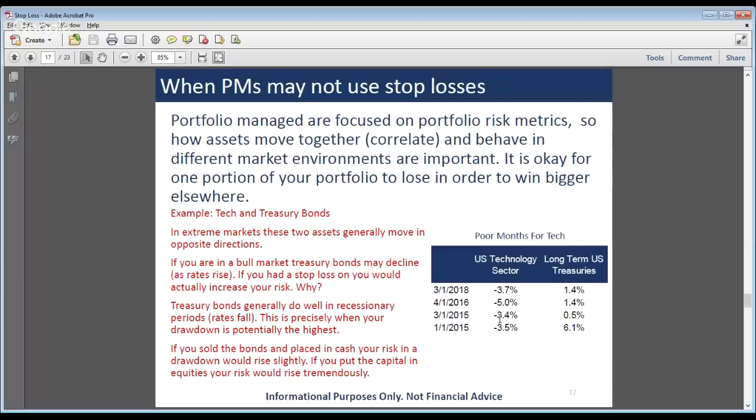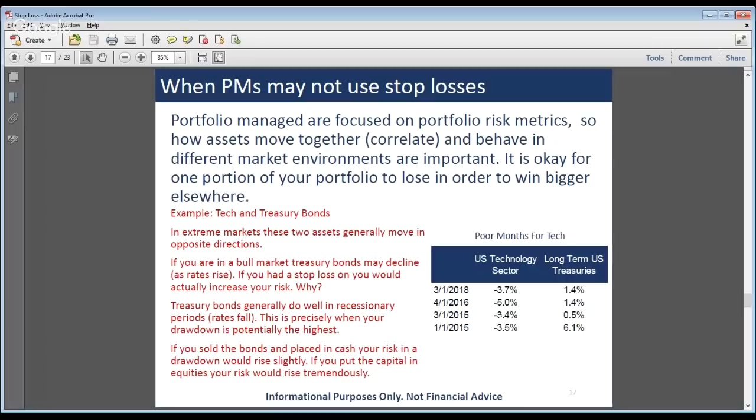Say I'm a multi-asset class manager, and I have tech and some bonds, and maybe I have crypto and a lot of other things too. But let's just think about tech and bonds here. In extreme market conditions, these two assets move in different directions. If the market is way up, treasuries might be slightly up or down. But if the market's way down, more than likely treasuries are going to be up.